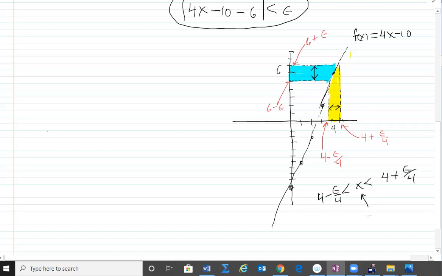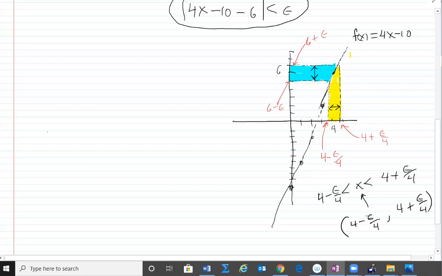In other words, this is an interval centered at 4, and x is in that interval, 4 minus epsilon over 4, comma, 4 plus epsilon over 4. Okay, that's in that window.